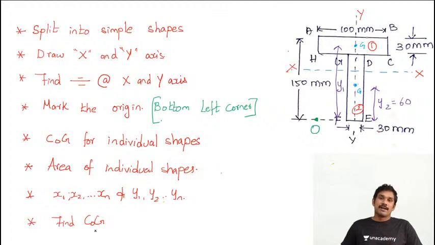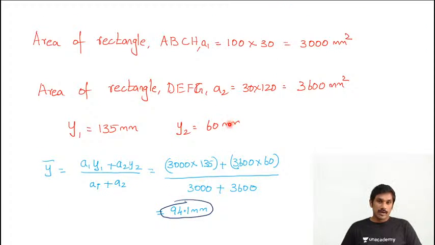What is this y bar value? Y bar means the distance from the origin up to the x-axis. From the origin, the vertical distance up to the x-axis is y bar, that is 94.1 mm.